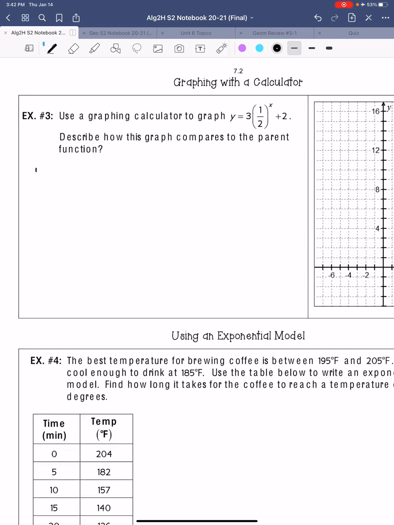So, I want to know, what is the parent? Is it a growth or a decay? Is there a stretch or a shrink? What is our horizontal asymptote?